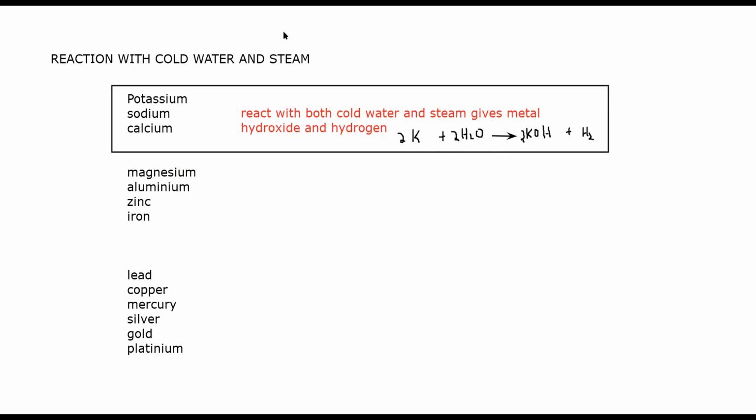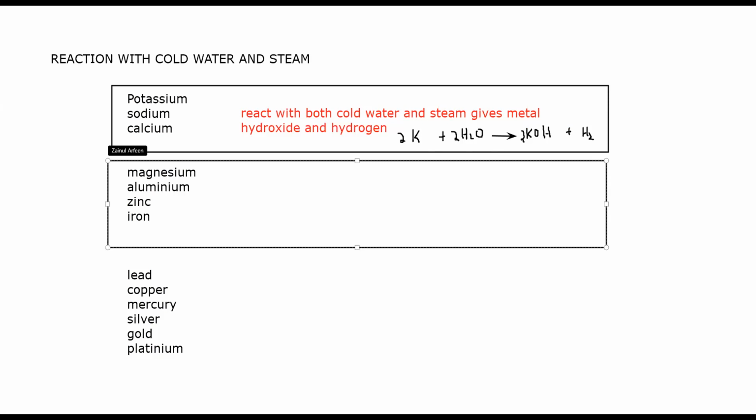Same thing for magnesium, aluminum, zinc, and iron. They are flames because of highly reactive potassium. If magnesium, aluminum, zinc, or iron are there, they can react only with steam.